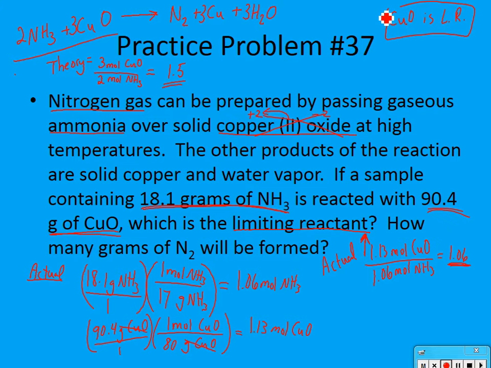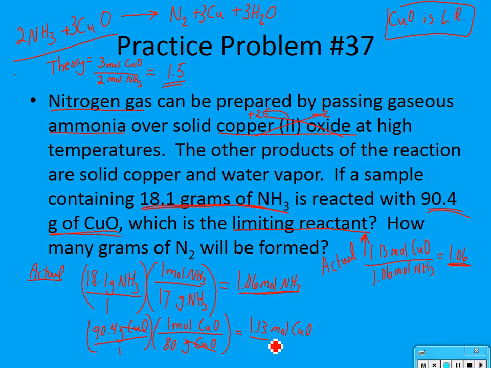But it also asked us another question. How many grams of N2 will be formed? How many grams of nitrogen will be formed? Now, this is easy. We just take stoichiometry and take it a bit farther. Go across the roadmap and see how many grams of nitrogen will form. But, am I going to start with the moles of nitrogen or moles of ammonia?